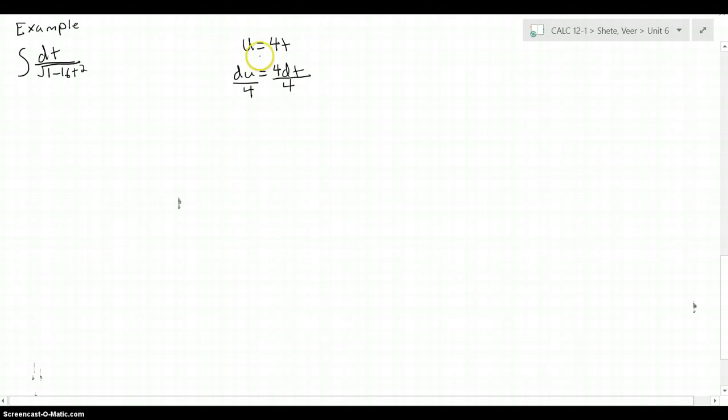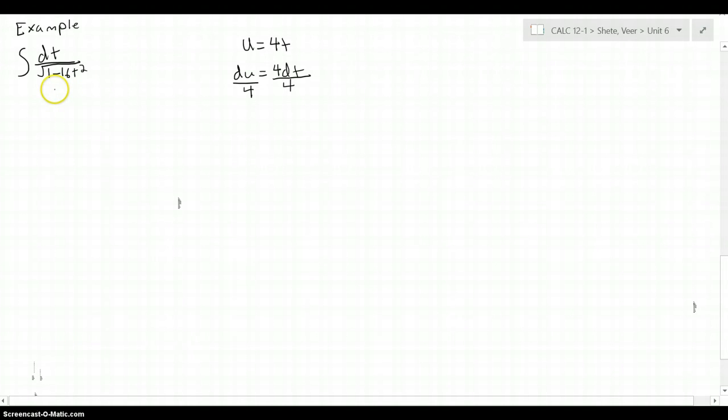If you're wondering why I used 4t as my u value, it's because as soon as I looked at this equation, the first thing I knew is that it is based off the sine integral, or rather the derivative equation related to inverse sine, because we know that the derivative of inverse sine of x is 1 over root 1 minus x squared, and as such the integral of dx over the root of 1 minus x squared is inverse sine.